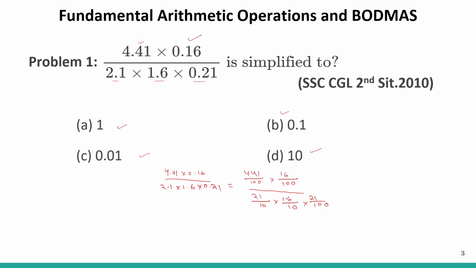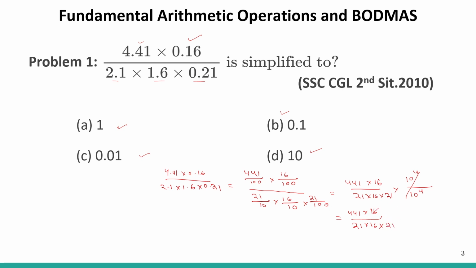So this is equal to 441 into 16 whole divided by 21 into 16 into 21, into 10 power 4 whole by 10 power 4. So this will be cancelled, and the remaining part is 441 into 16 whole divided by 21 into 16 into 21.